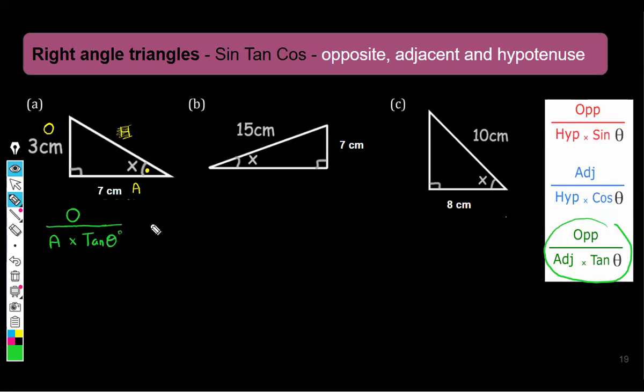Now, in these questions, it's normal that if you're trying to find something, you replace it with the letter. The aim of the question is to find the angle, right? So here's what I normally do when we're finding something.